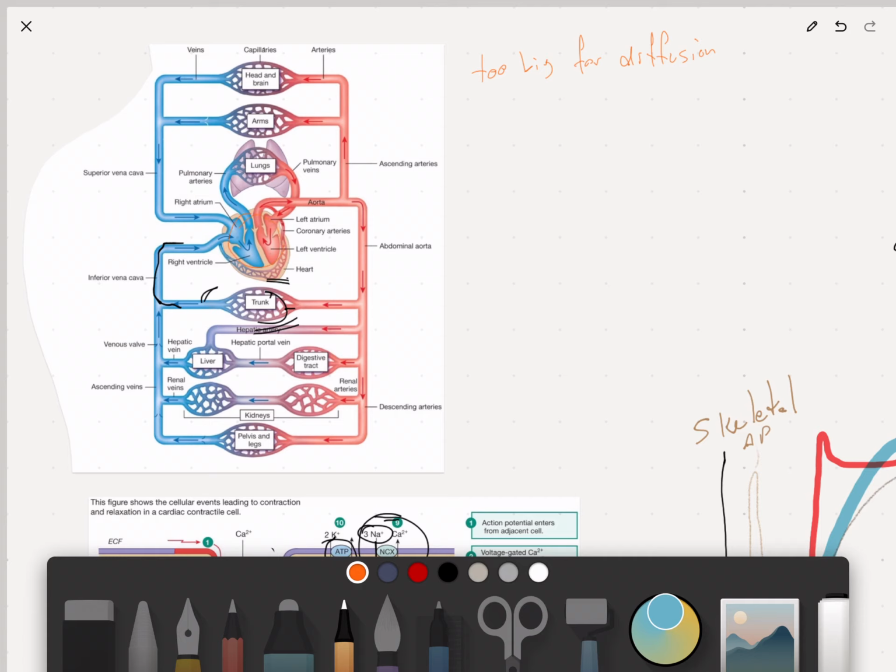The reason that we have a heart is to form a pressure gradient. And this gets into flow and velocity and pressure. We'll talk about in just a moment.